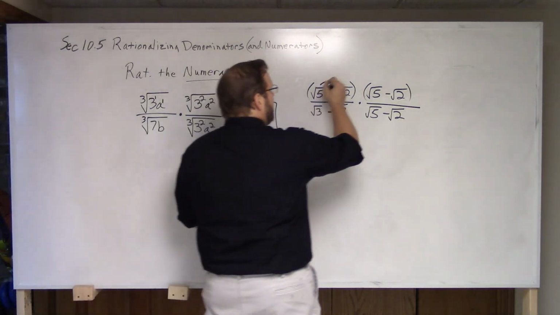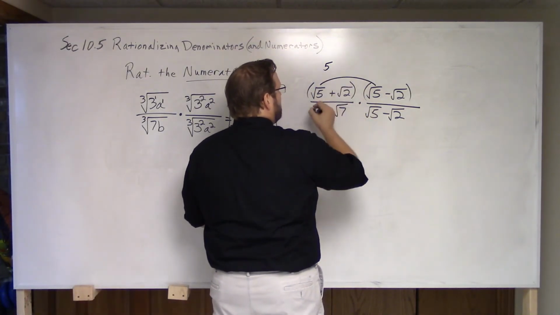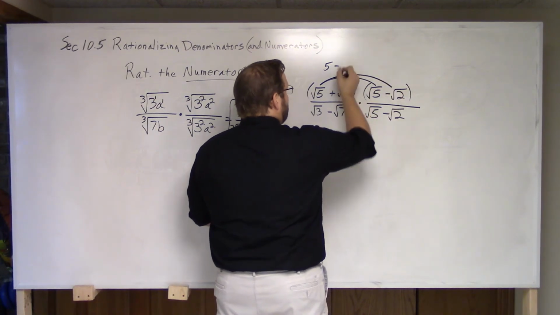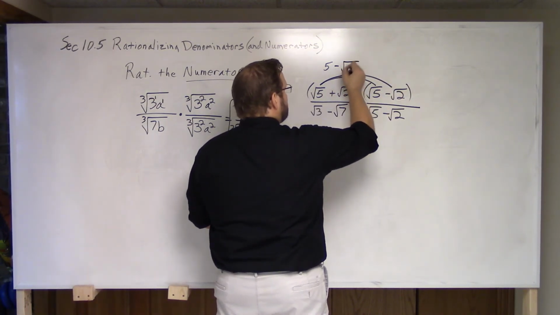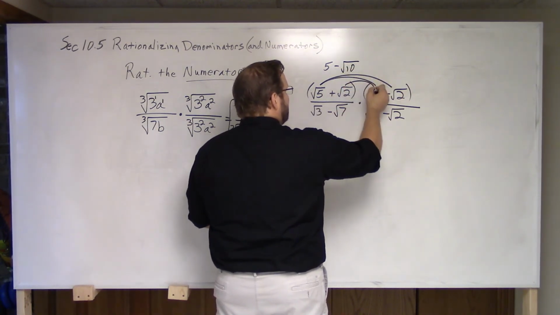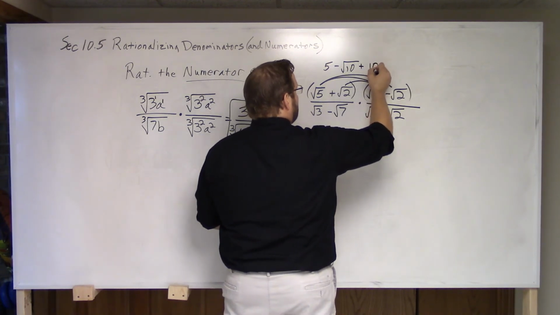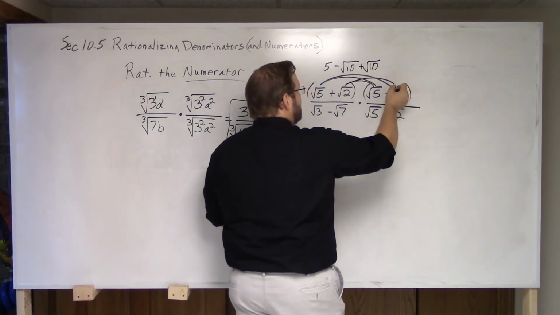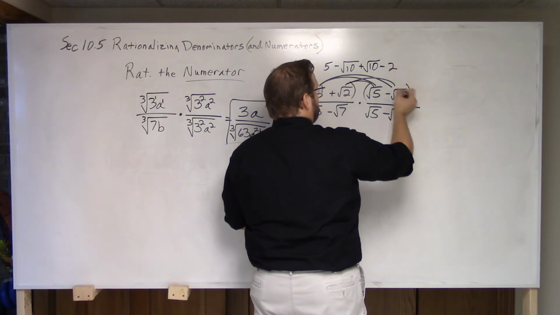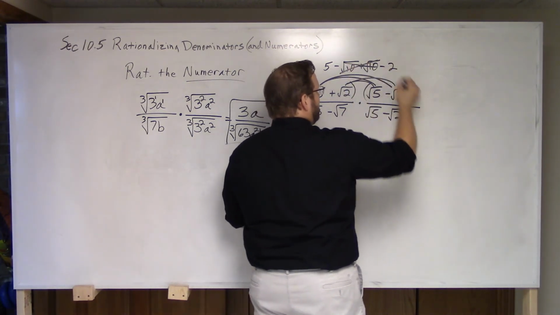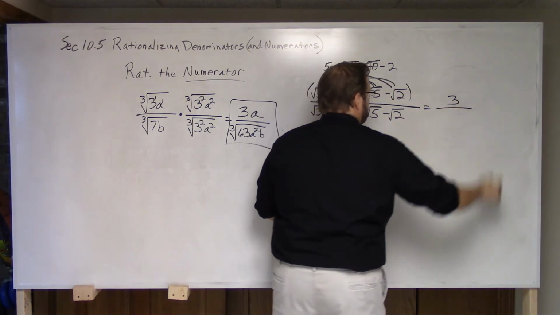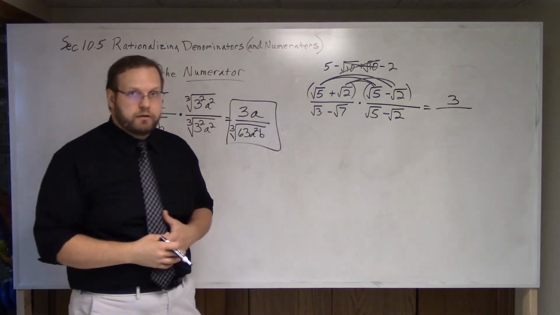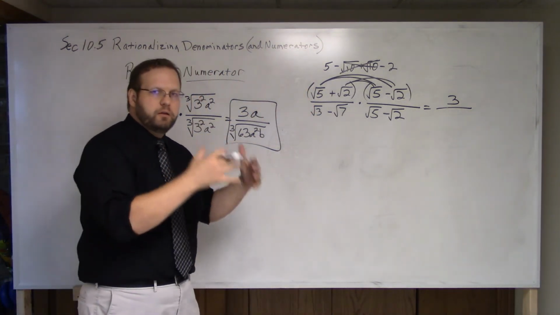So root 5 and root 5 is a 5. Negative root 5 and root 2 is root 10. Positive root 10. And then negative 2. Those cancel. 5 minus 2 is 3. I have a nice clean numerator now because they wanted me to clean up the numerator.